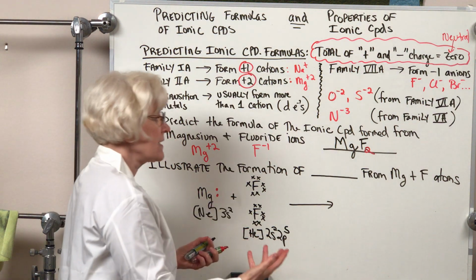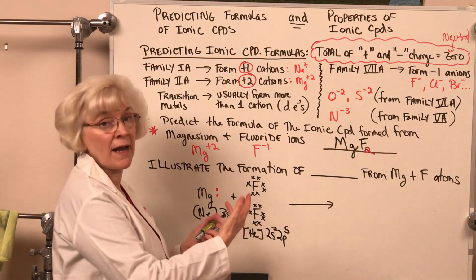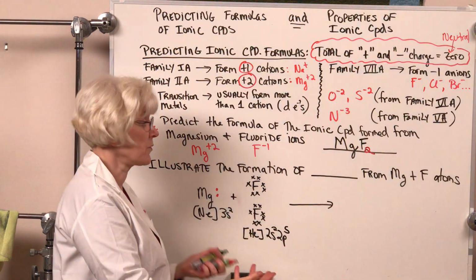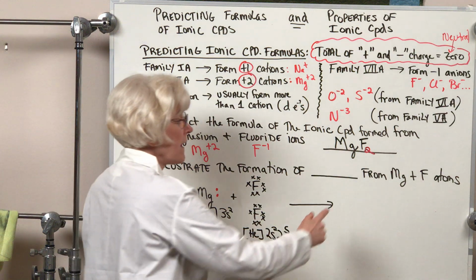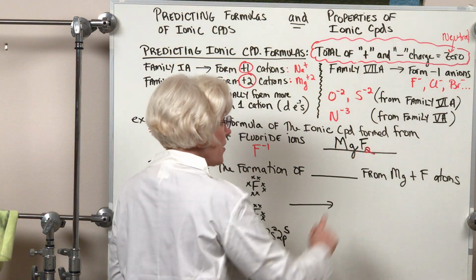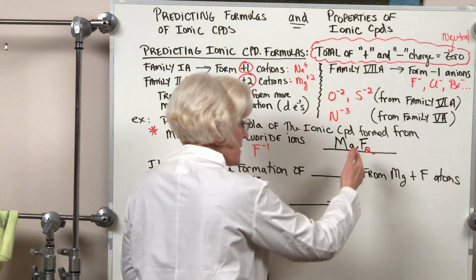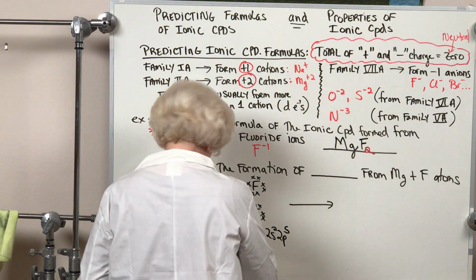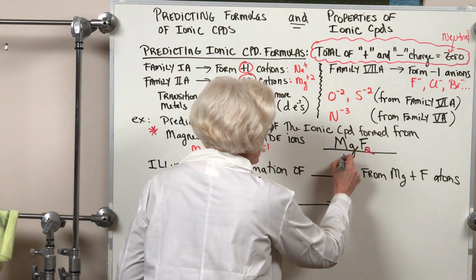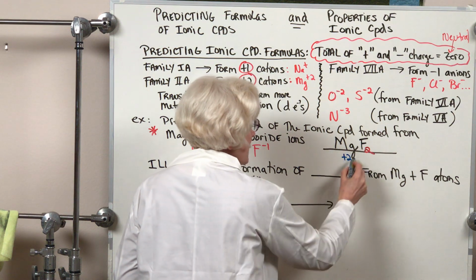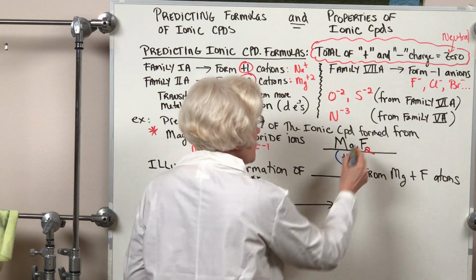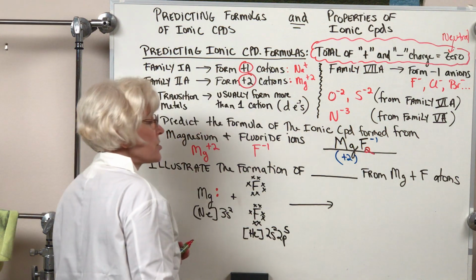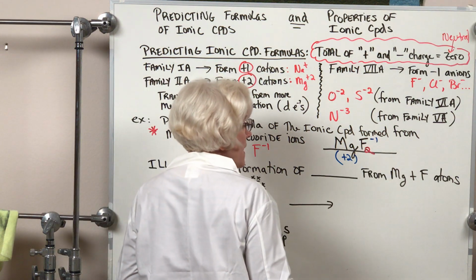If I counted all of the magnesium ions and all the fluoride ions present in the array, I would see that the ratio is 1 magnesium to 2 fluoride. And the math totally checks out. We have the +2 charge on the magnesium. Each fluoride has a -1 charge, and there's 2 of them.